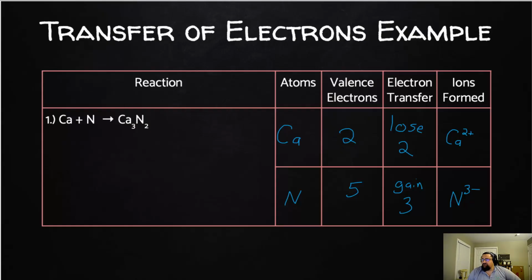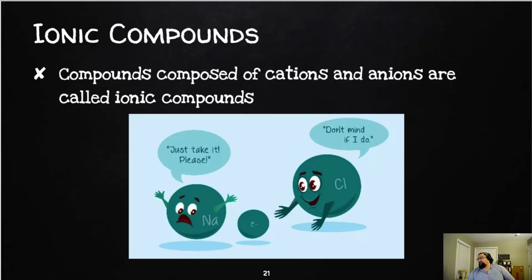Okay, so what exactly is an ionic compound? Well, ionic compounds are going to be compounds composed of cations and anions. Essentially, once you have this electron transfer, there's going to be a compound formed.